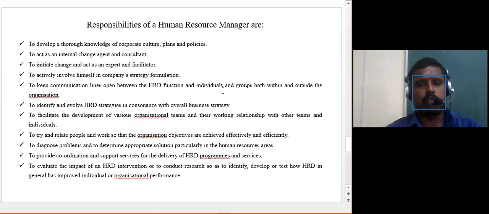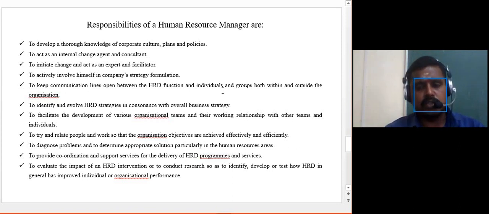The second responsibility. And the third one, to initiate change and act as an expert and facilitator. You have to develop expertise and knowledge in that particular field and facilitate the demands from the HR side, the human resource management side.